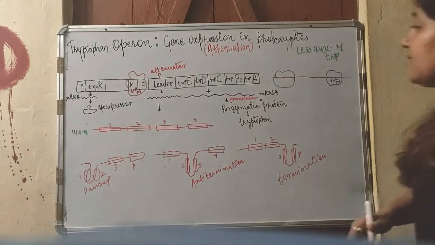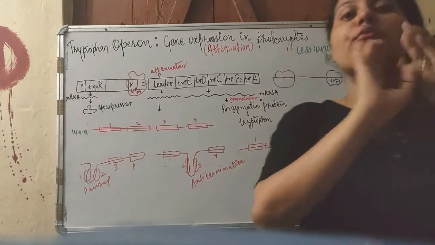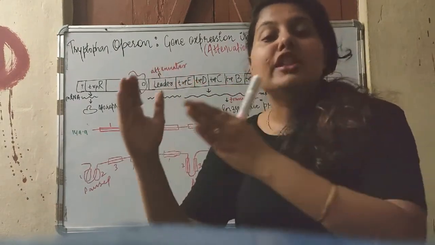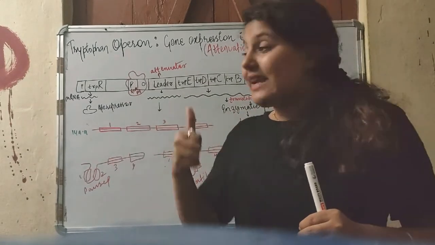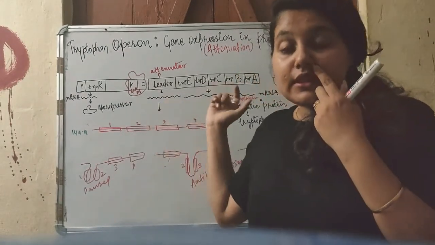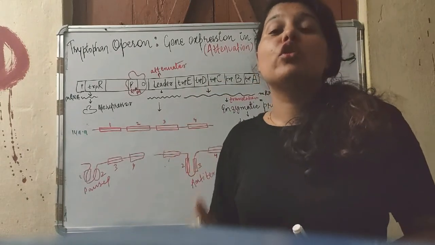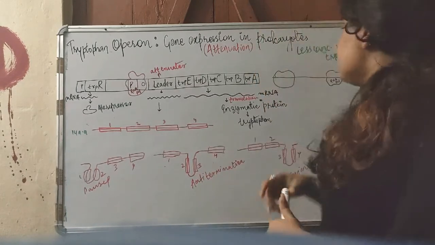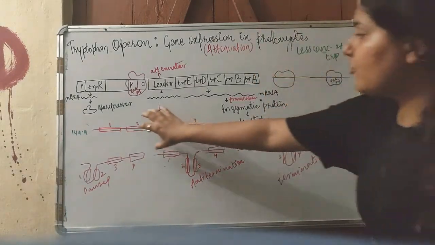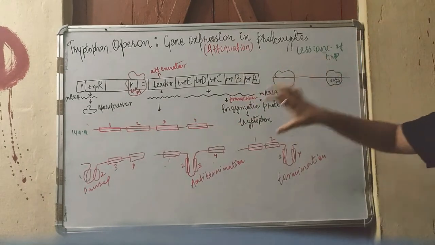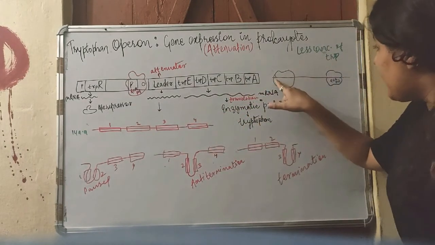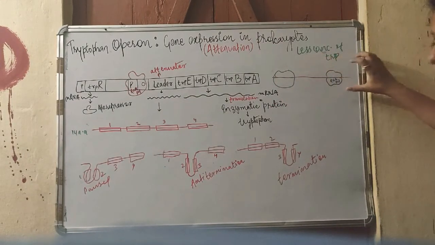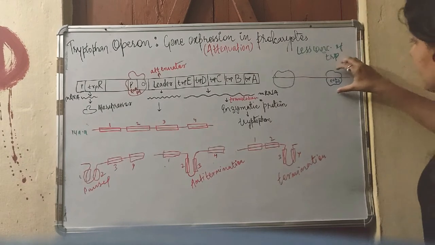So what happens is, we know that in bacteria, the processes of transcription and translation go hand in hand, because bacteria do not have non-coding sequences or introns, they have only exons. So, for example, our leader sequence is being formed, RNA polymerase is forming the leader sequence, it is somewhere here.